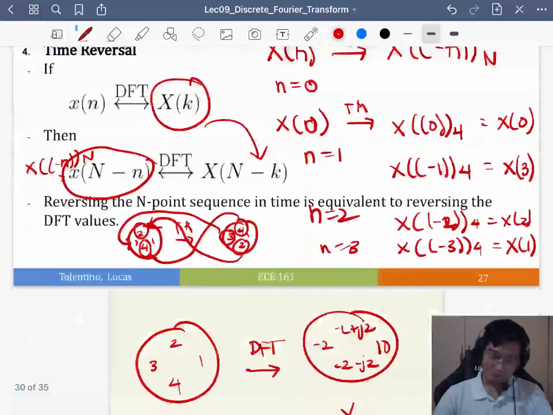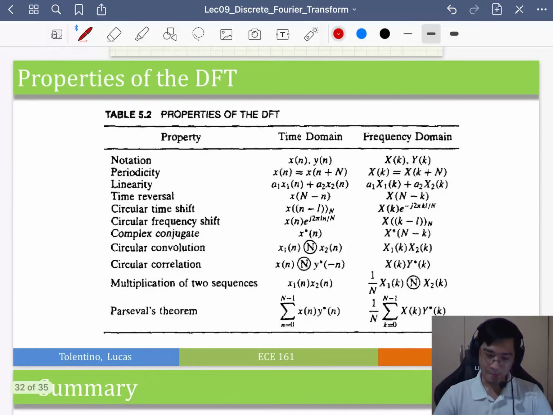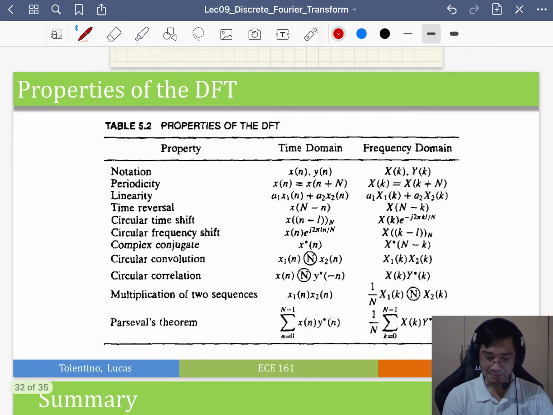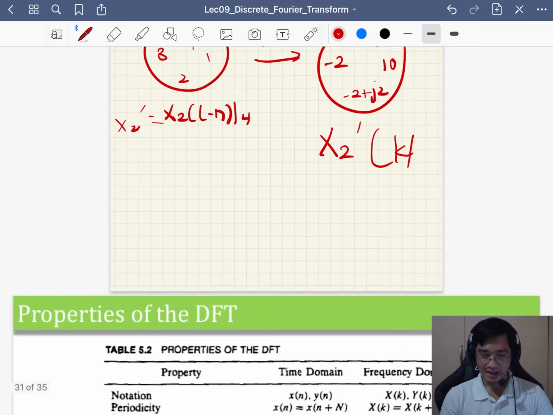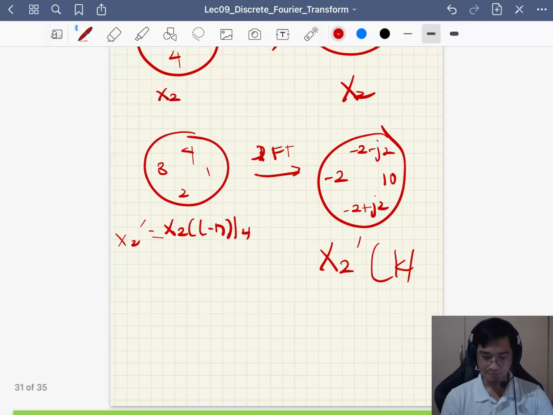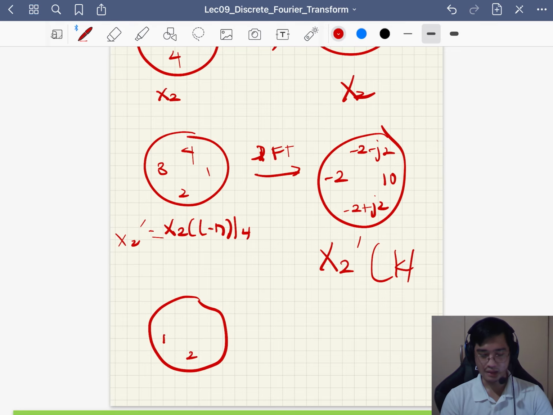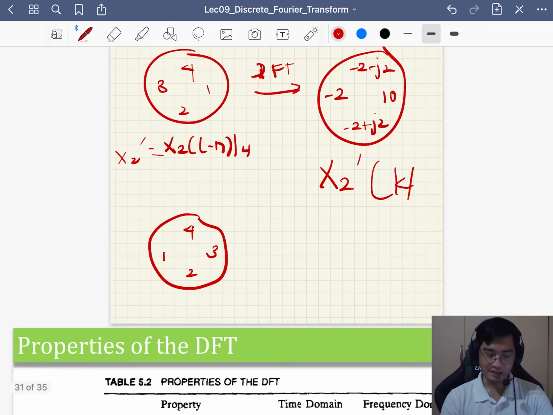Now we have other properties. Briefly, for example, circular time shift. Let's say instead of this one, we get a shifted sequence. What is that equivalent to?